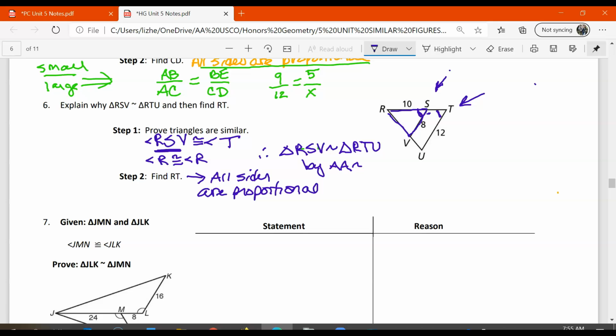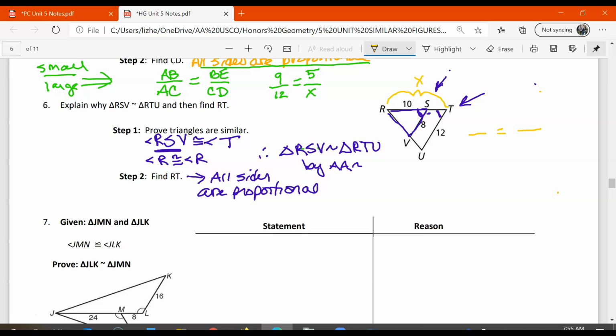So therefore, where is RT? RT is right here, from R all the way to T. We'll call it X. So setting up a proportion, we'll do that right here. Proportion is 2 fractions equal to each other.